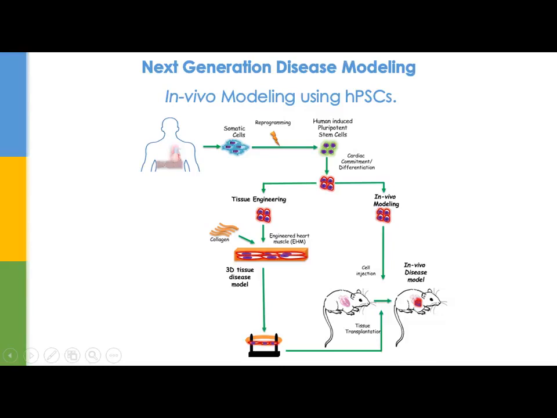We can inject them to SCID mice, and then we get very nice human cardiac islands within the mouse heart. Or we can differentiate them using an engineered tissue platform and mix them with endothelial cells, fibroblasts, and collagen, and transplant these beating engineered tissues to the mice.